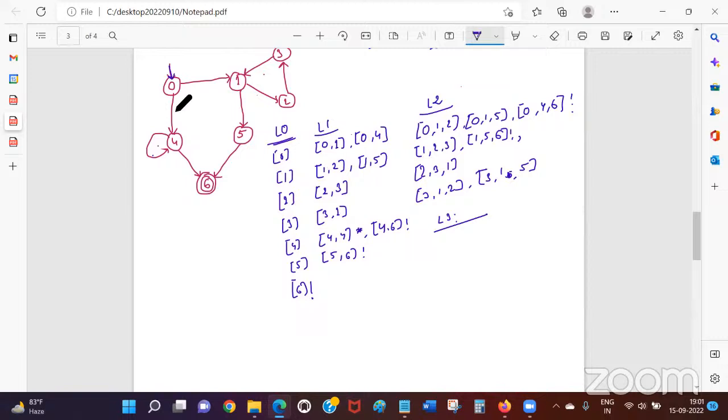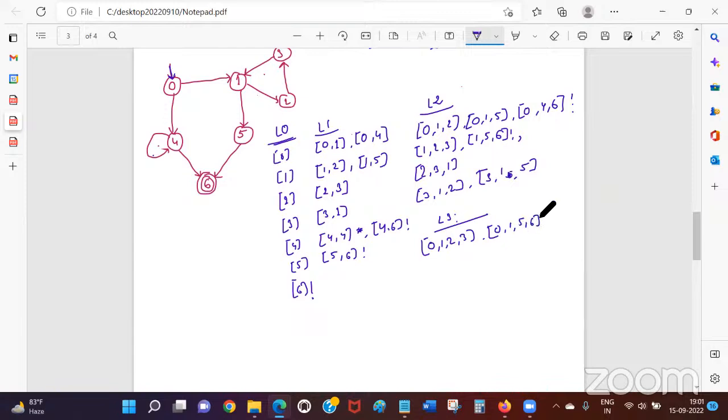So 0, 1, 2, and 0, 1, 2, 3. I can go with 0, 1, 2 and I can go to 3. So let us check with 0, 1, 2. Can I go anywhere else? No. Okay, so now 0, 1, 5. I can go to 6, right? 0, 1, 5, 6.